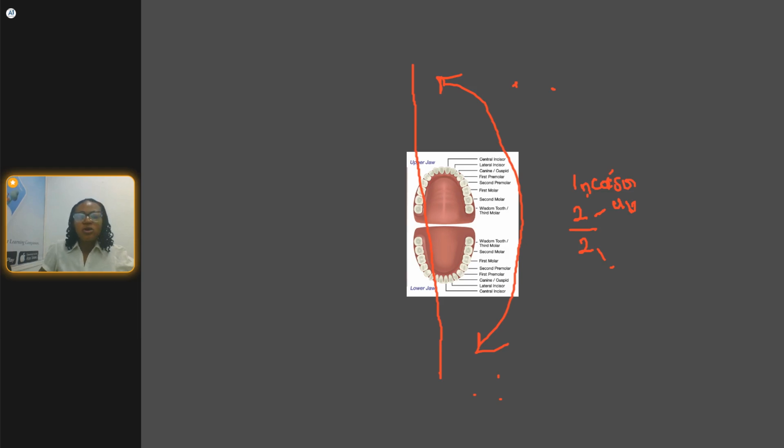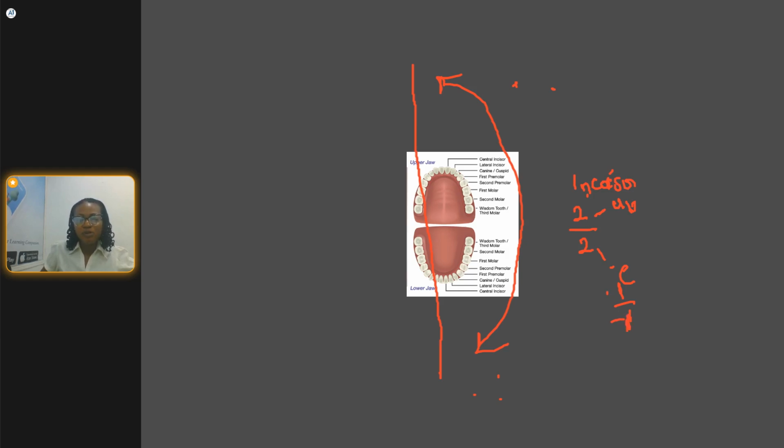All right, so for canine, we have 1/1. Don't forget, this is the human set of teeth. What do we mean by 1/1? From the labels on the diagram, you can see that we have just one canine beside the incisor, and we also have one canine beside the incisor at the lower jaw. That is how we come across 1/1 for canine.